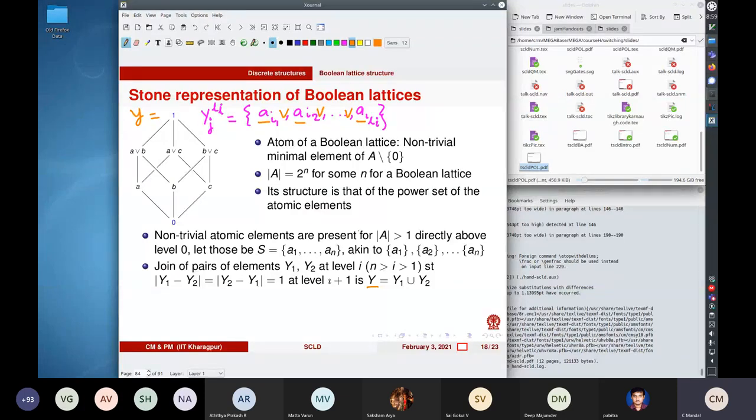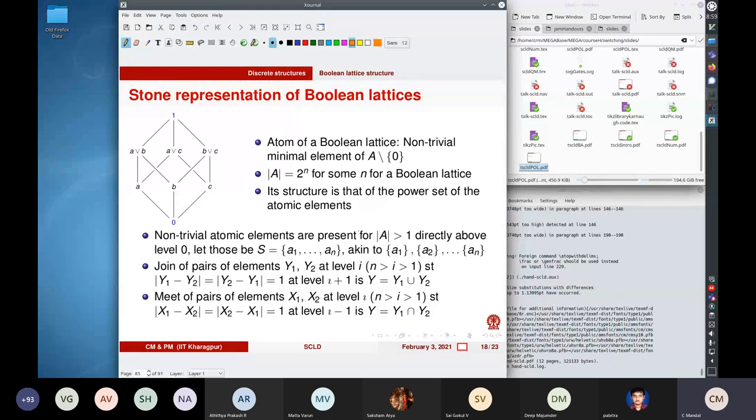So this is how it goes on. If you think in terms of constructing elements or representing elements as the irredundant sum of the atoms, that is how you can build the Boolean lattice.